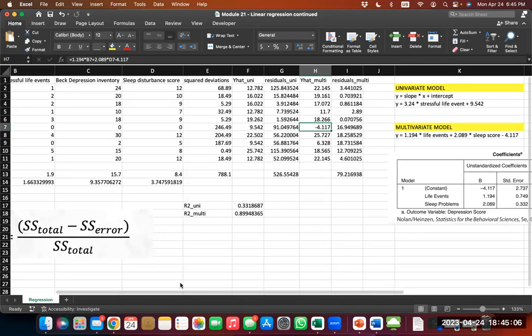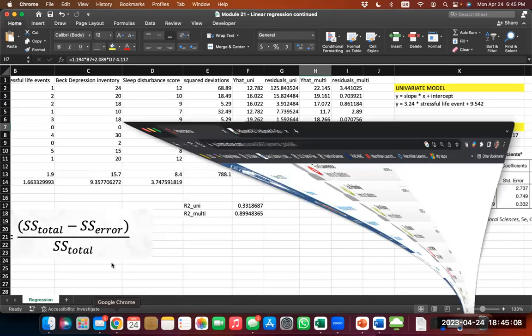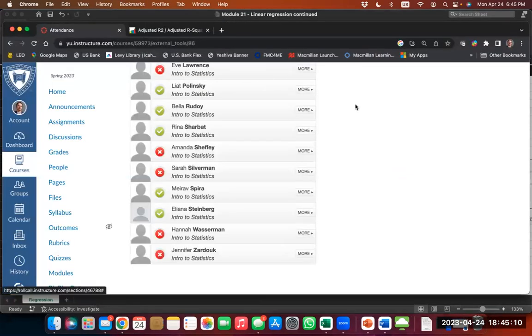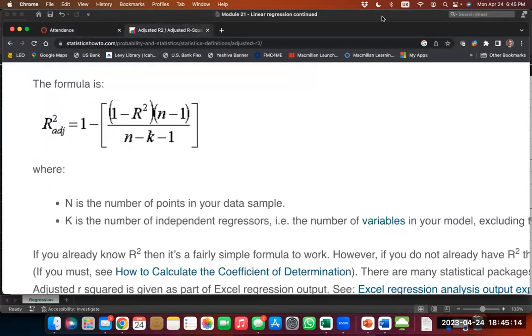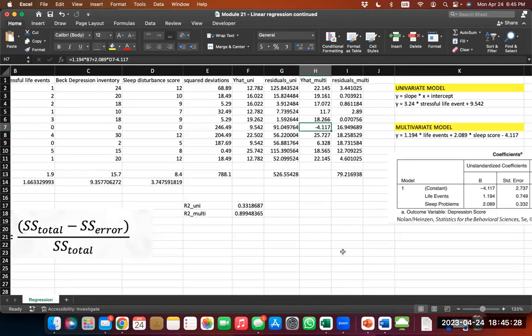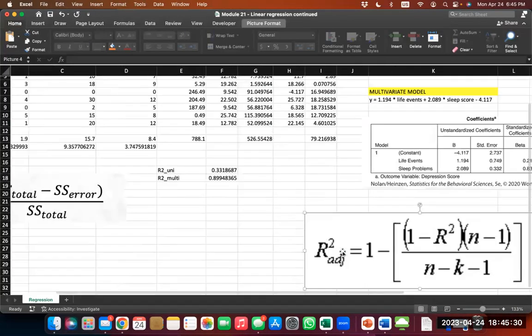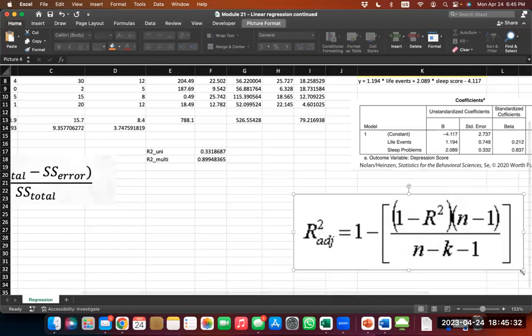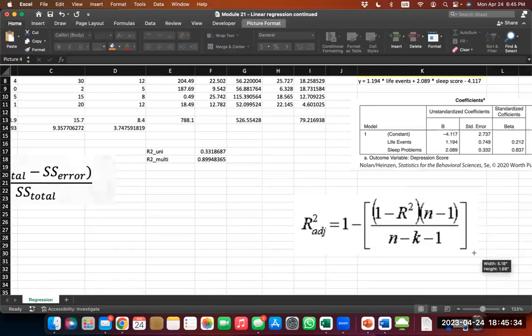To avoid this affecting your estimates too strongly, there's an additional modification you can do, the so-called adjusted R squared. The adjusted R squared is an R squared that has been penalized for the number of individuals.